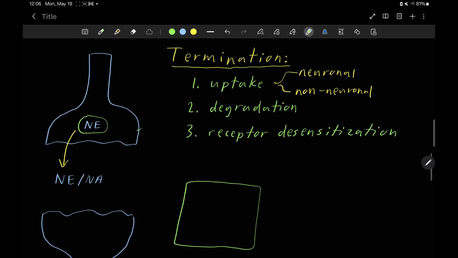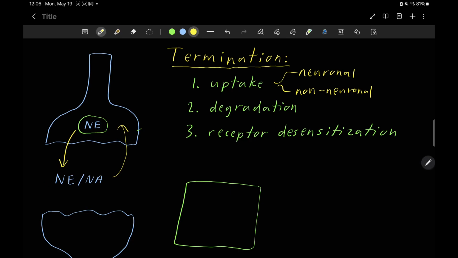In doing so, they're basically pumping the norepinephrine back into a cell, and then it can be stored until it's really needed. By that, they can prevent the amount of norepinephrine outside of your neuron, inside your synapse, from being too excessive, so they can keep responses under control.